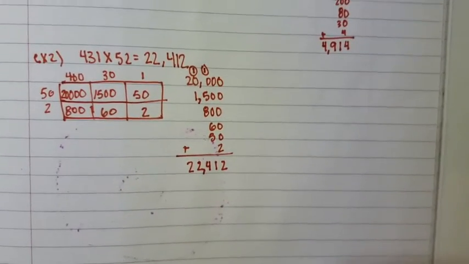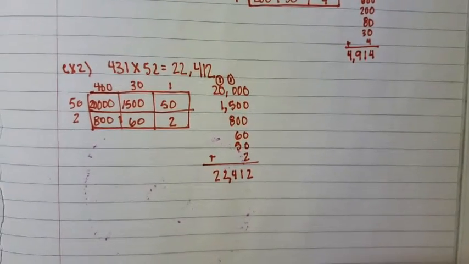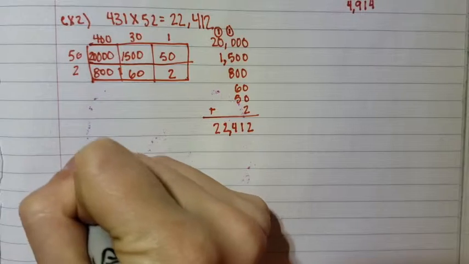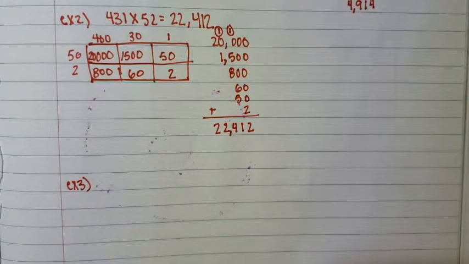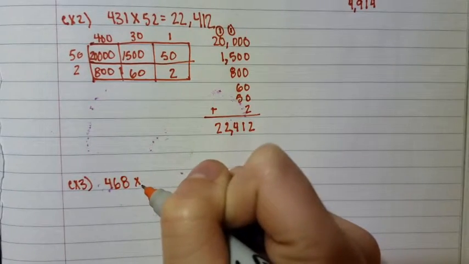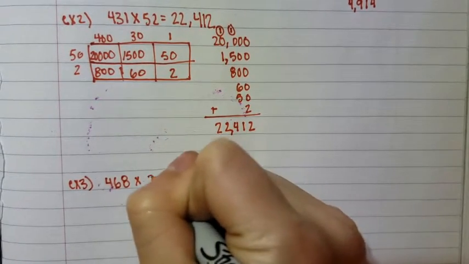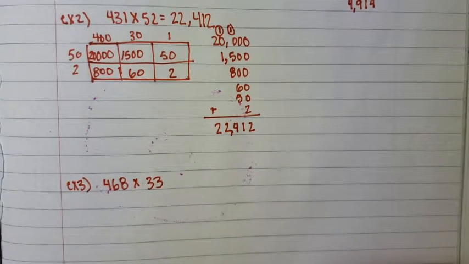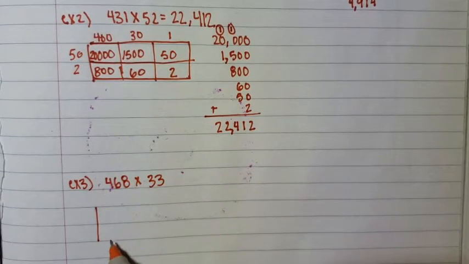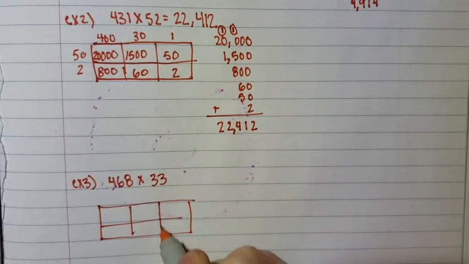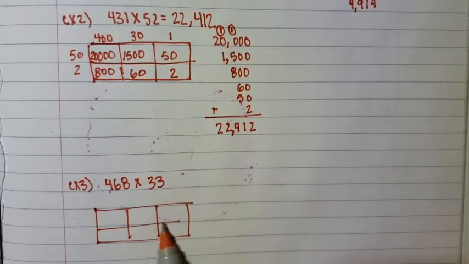Now we're going to do one more example to walk through this. And the last example that we are going to do is 468 times 33. Now, remember, we've got to create a box and make sure it has all the inside boxes that we need.